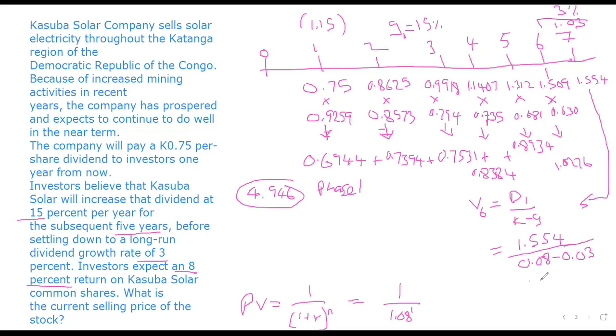What am I getting? 31.08. As of year 6, that is our value of stock. Then you can discount it, multiply it by 0.630.